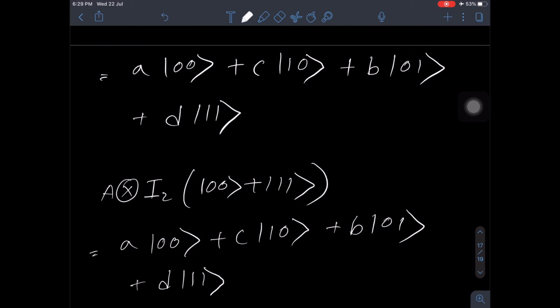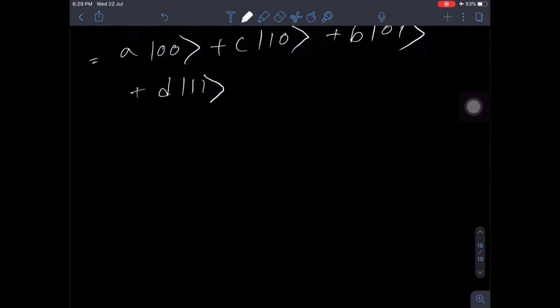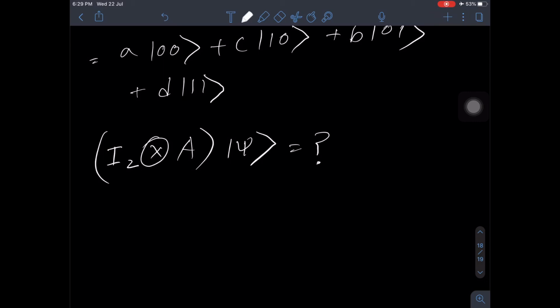All right, now I will give this to you as a quiz. If I do the other way around, what I mean is if I do identity cross A on this vector psi, what will be the answer? And I can give you a spoiler: it will not be equal to A tensor identity on psi.